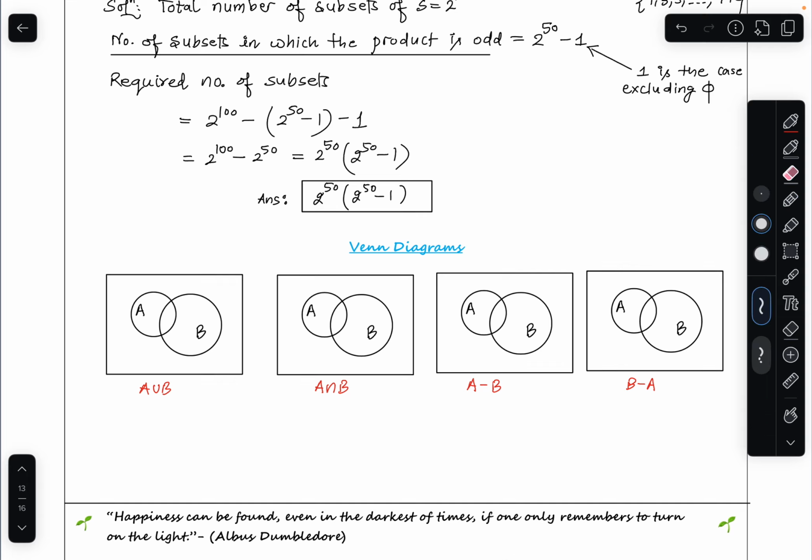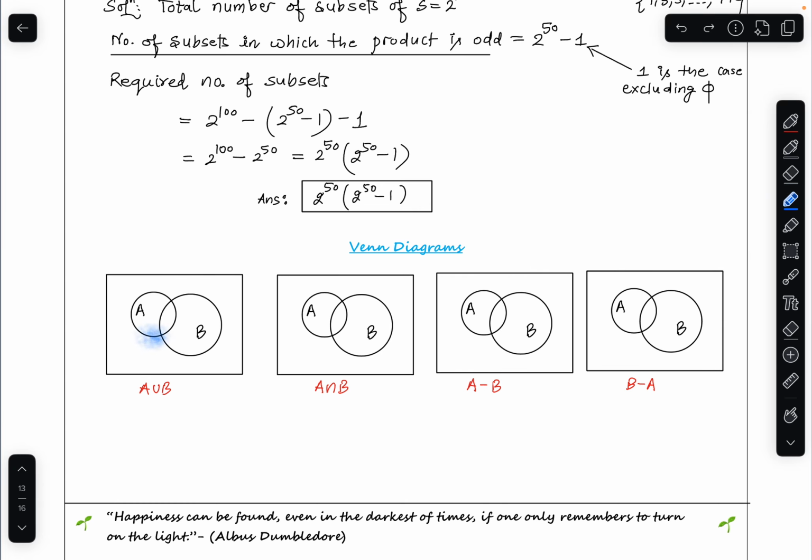So let's talk about the operations. If you remember, when we were talking about the union of two sets, we were saying we'll collect elements of both of these sets, the set A as well as the set B. So to denote the fact that I'm including the elements from both the sets, we mark the region of both of them. So the region for A, I'll mark it to denote the fact that I'm including the elements from the set A, and then I'll mark the region of B also to denote the fact that I'm including the elements of B as well.